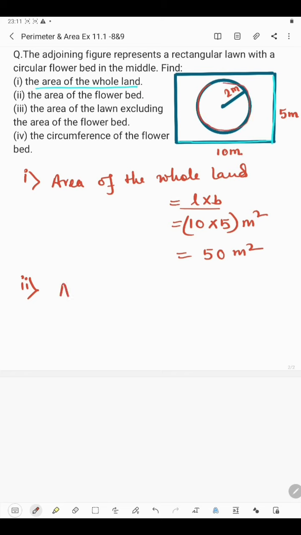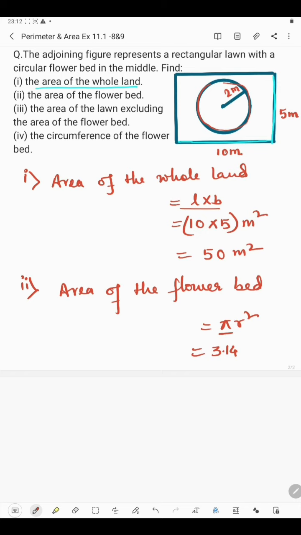So area of the flower bed will be pi r square. Now here pi we can take either 3.14 or 22/7. So we are taking 3.14 and radius is given, which is 2 meter.